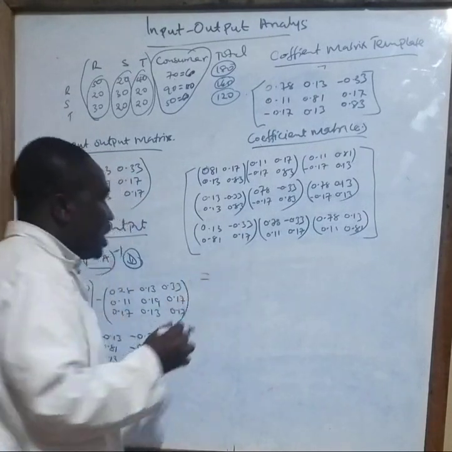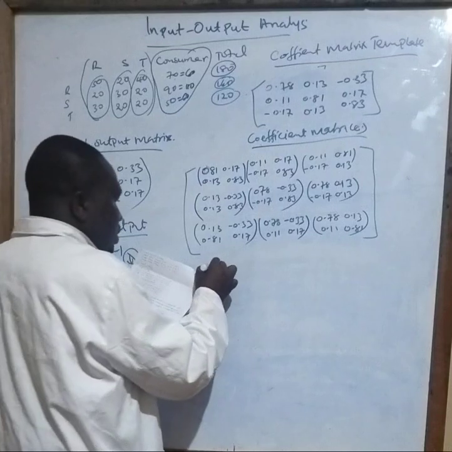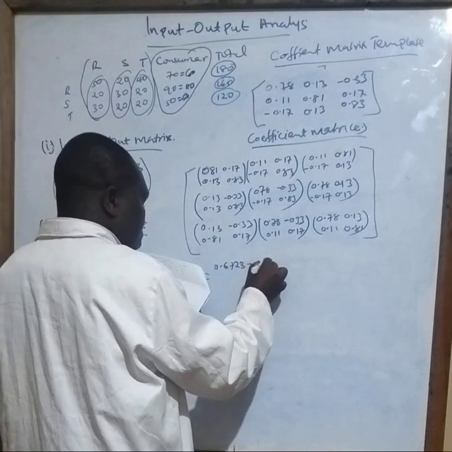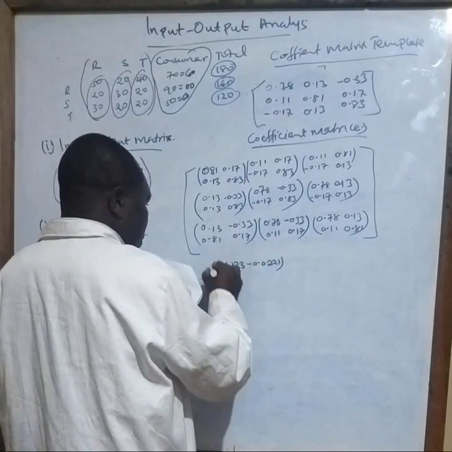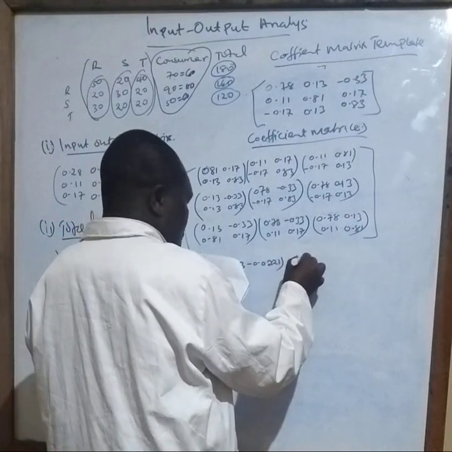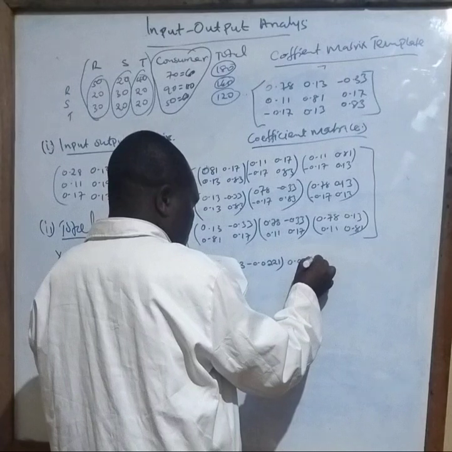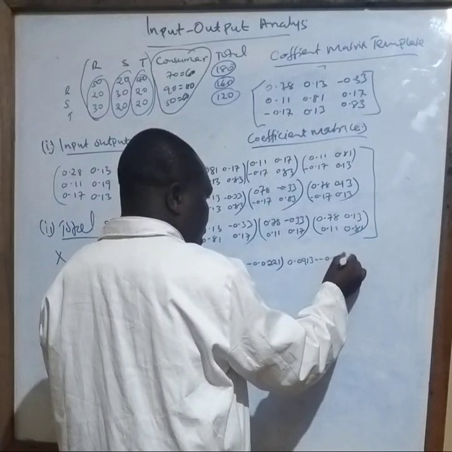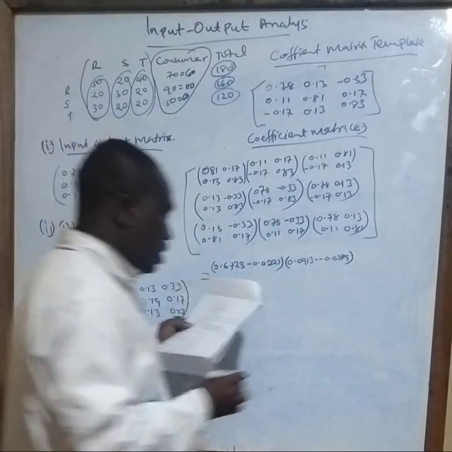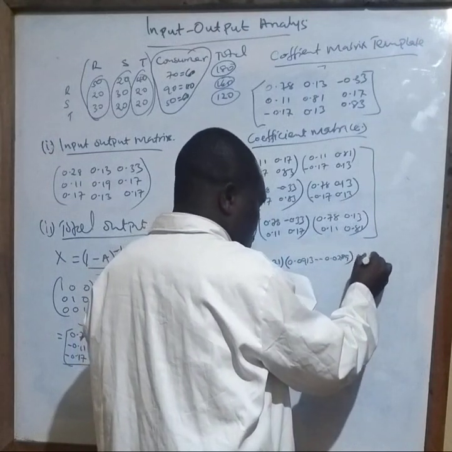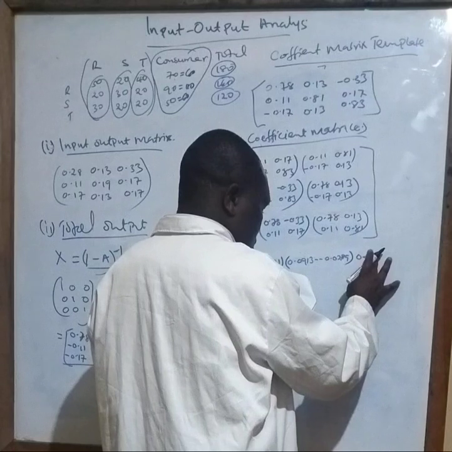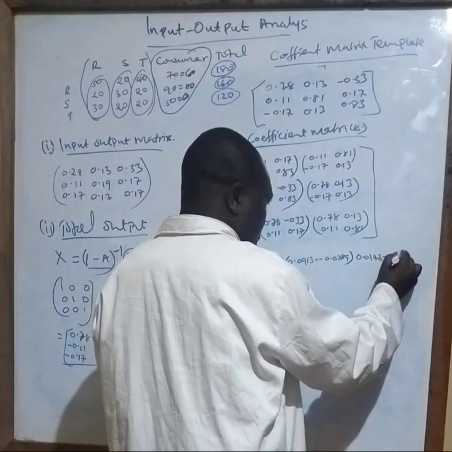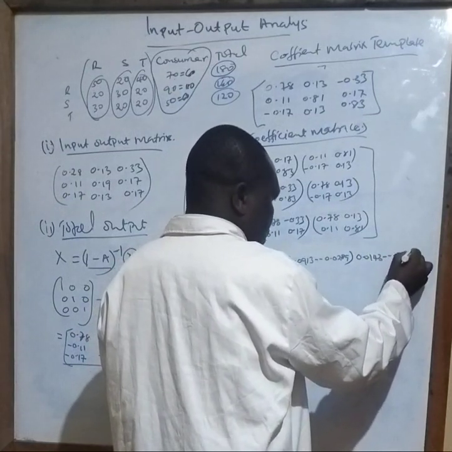So if you worked that out, you will get 0.6723 minus 0.0221. This one is 0.0913 minus 0.0289. Then the last one will give you 0.0143 minus 0.1377.